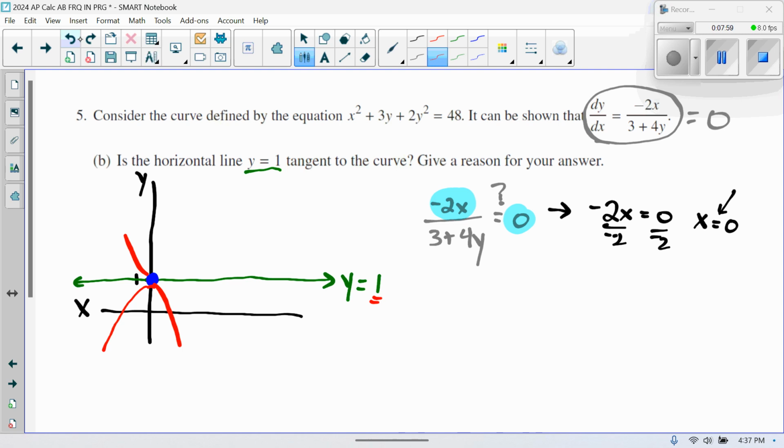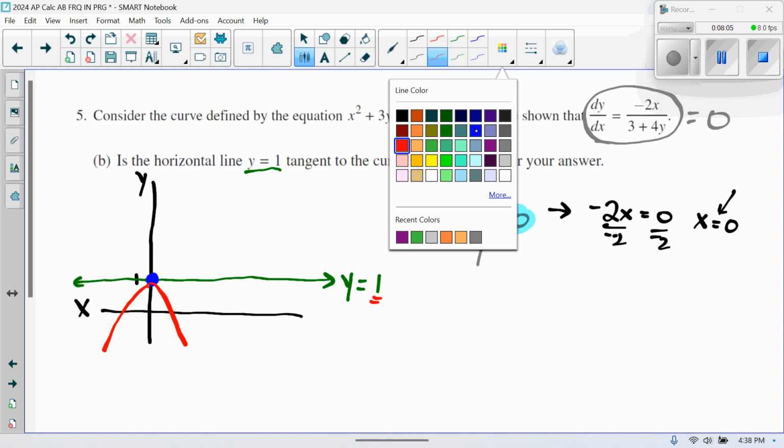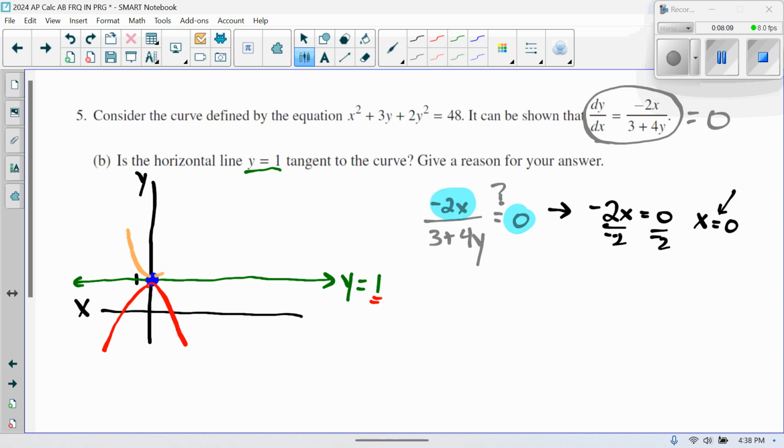Let's do this in a different color. It would either have a max there or a minimum there, and that would have to be at the point where x is 0, y is 1. That's the only way I can have a tangent line.